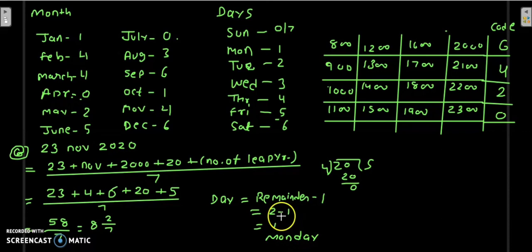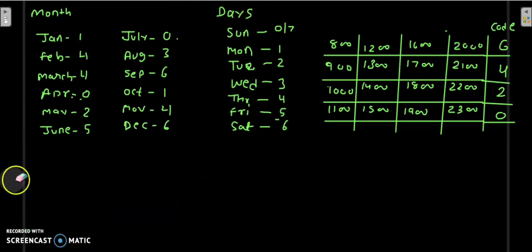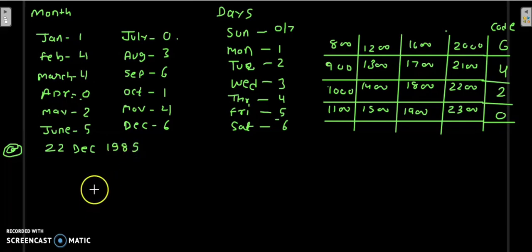Understood? Now I will take my date of birth. You can also take your date of birth and find out. Next question: 22 December 1989. Now quickly you all try with your date of birth. No problem, you can take my date of birth also.